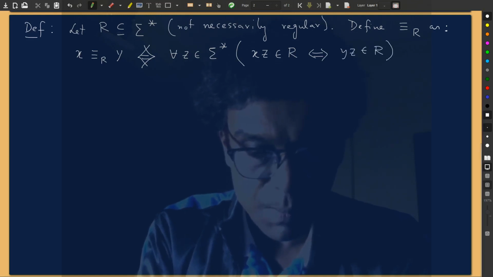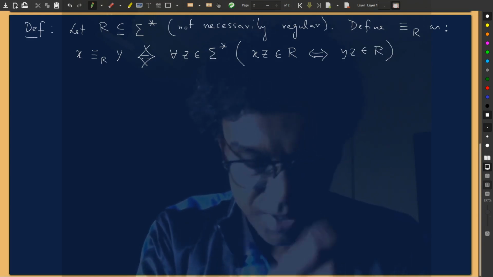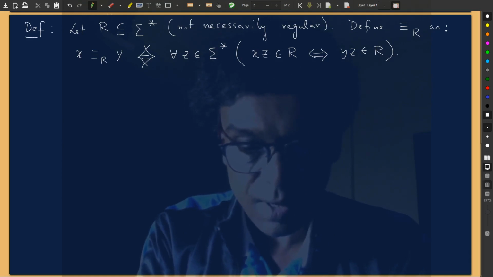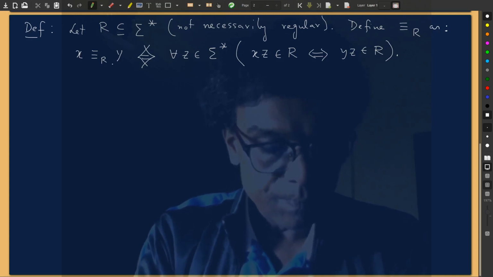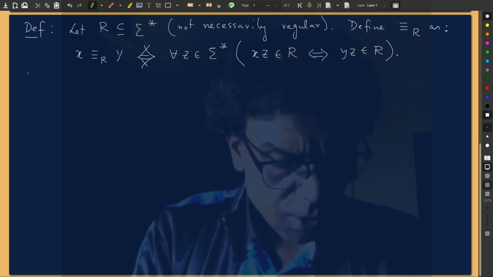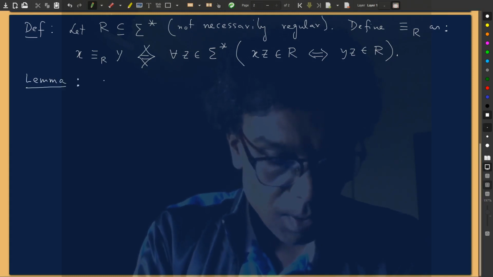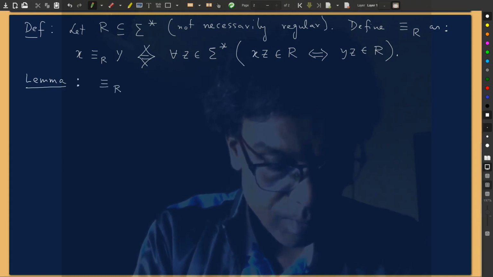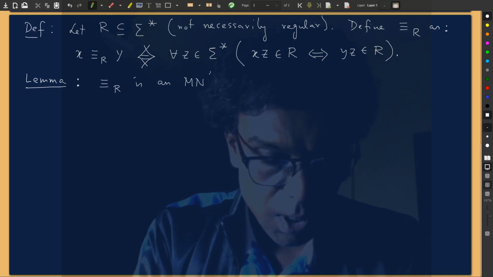I am not using any machine for defining this. So this equivalence relation is a property of the language R itself. And in fact I will now show that this is the best possible relation that we may have. Let us look at some properties of this. First, maybe a lemma: this is an Mn prime relation.